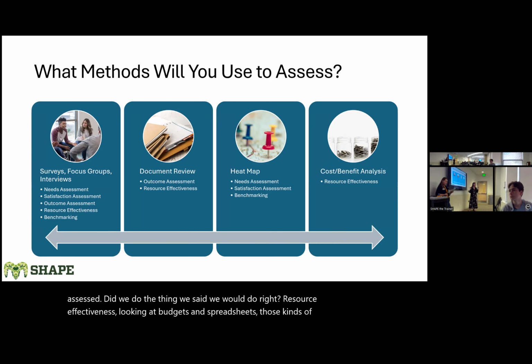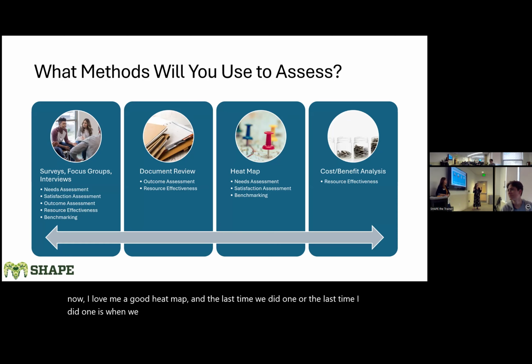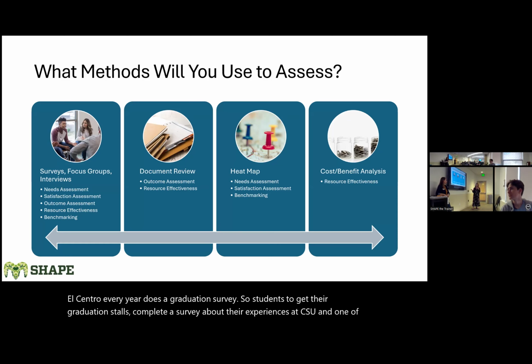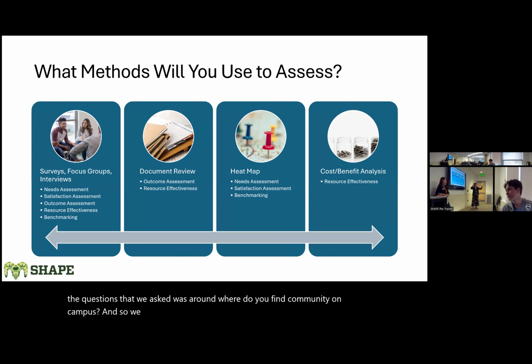A heat map, I love me a good heat map. The last time I did one is when El Centro, every year, does a graduation survey. So students, to get their graduation stoles, complete a survey about their experience at CSU. And one of the questions that we asked was around, where do you find community on campus? And so we did a heat map showing all the different places that people find community on campus.